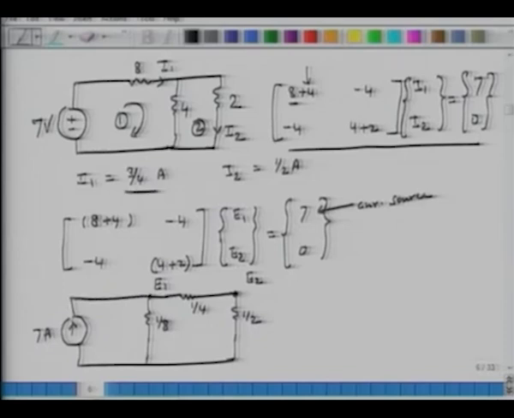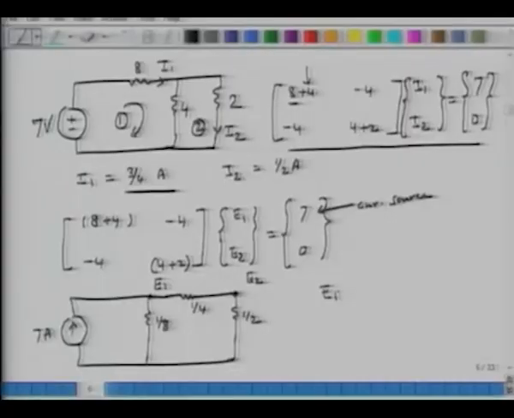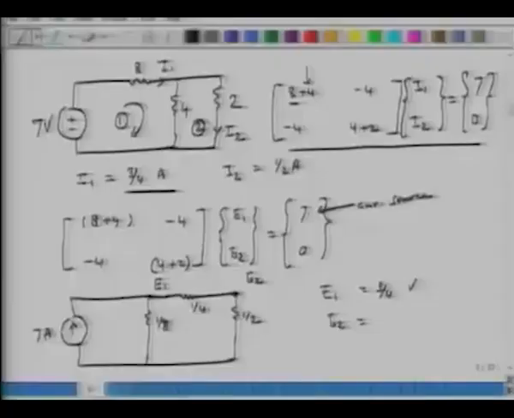So the current going through the 8 ohm resistance is 3/4 amp. What is the voltage of E1? What is the potential at E1? E1 will be 3/4, and E2 is half volts.